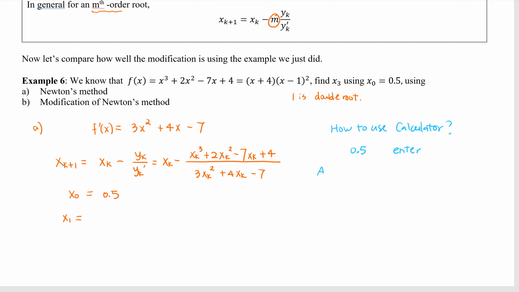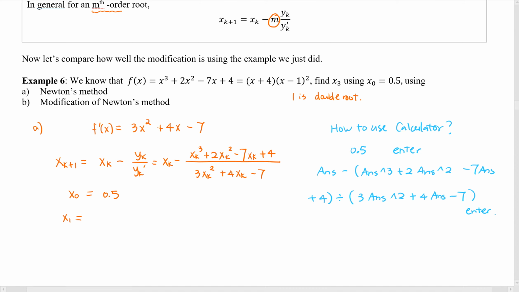Then we do answer minus parentheses answer cubed plus 2 answer squared minus 7 answer plus 4 close parentheses, divided by another parentheses 3 answer squared plus 4 answer minus 7 close parentheses, and enter. So far so good, everybody?